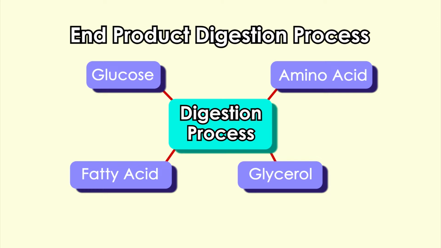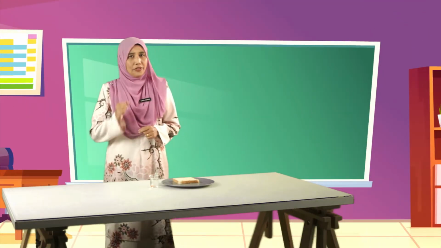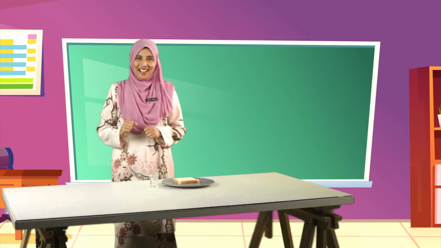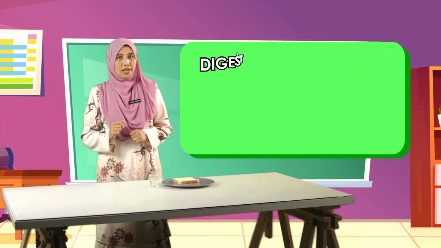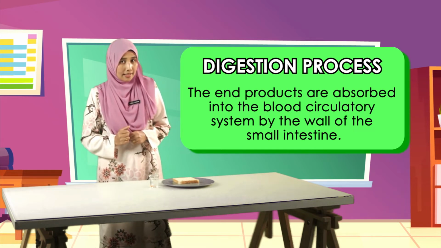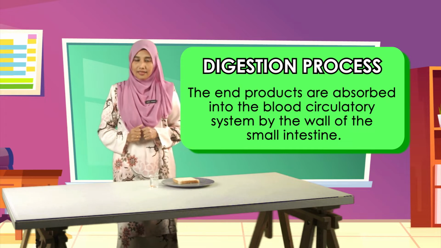So boys and girls, what happens to these end products after the digestion is complete? You are right. All the end products are absorbed into the blood circulatory system by the wall of the small intestine. Now, pupils, let us look at how the absorption process occurs in our small intestine.